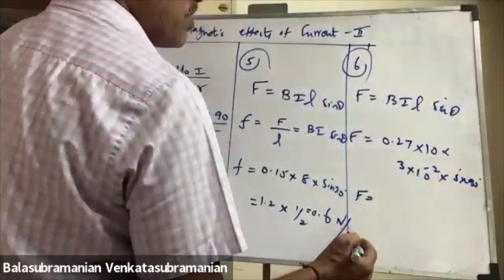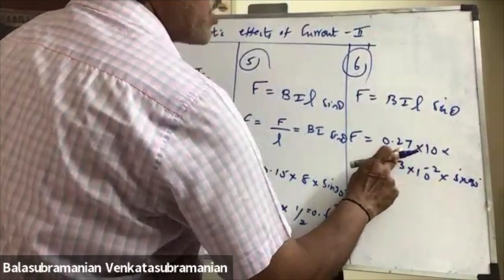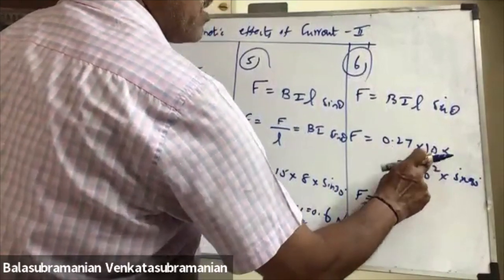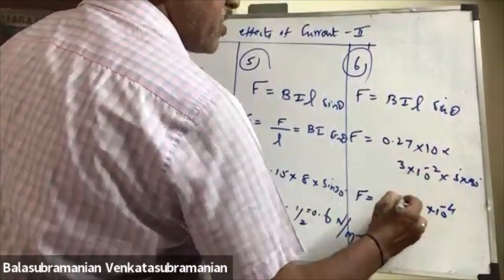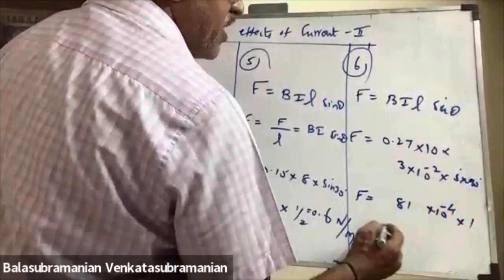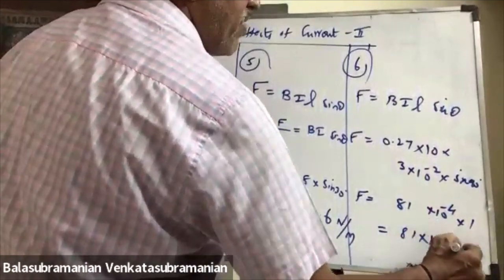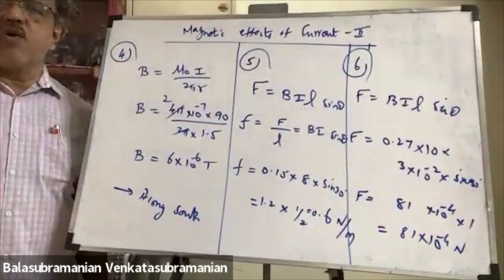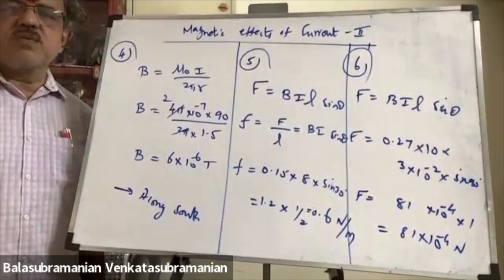So F is equal to 27 into 10 power minus 3 into 10 into 3 into 10 power minus 2. 27 into 3 is 81. Sin 90 is 1. So 81 into 10 power minus 3 times 10 power minus 2, or 81 into 10 power minus 4 Newton. This is the force experienced by the conductor.